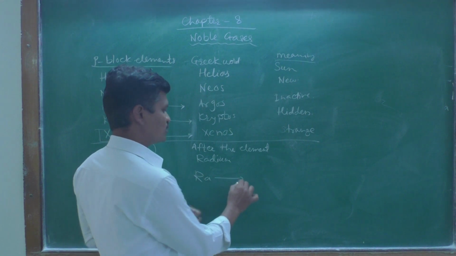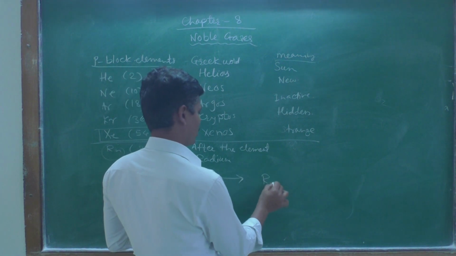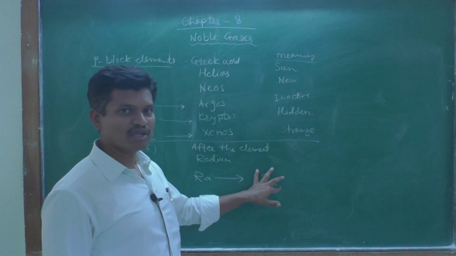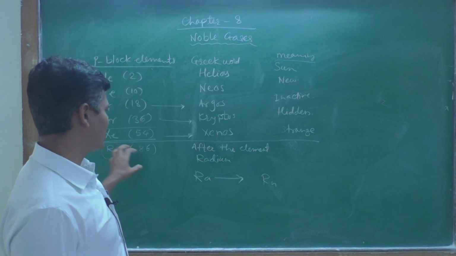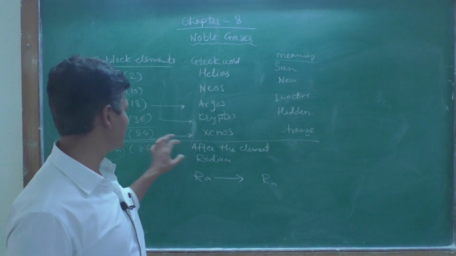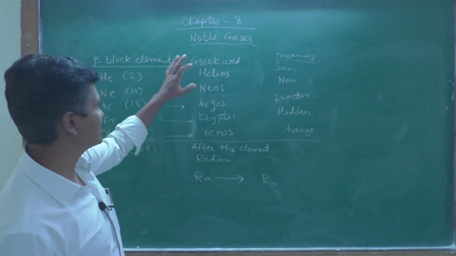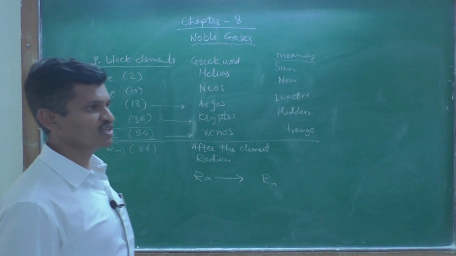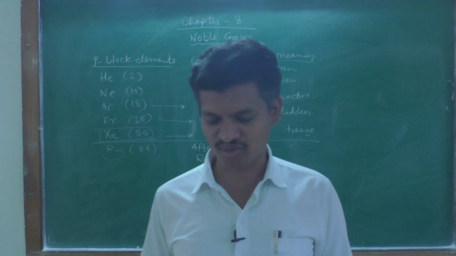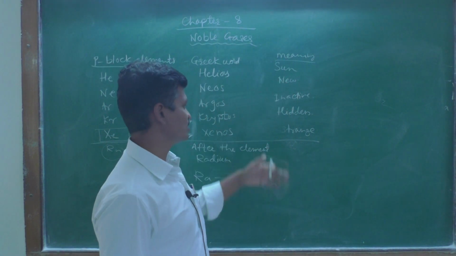When radium undergoes radioactive disintegration, it produces radon. Radium is also radioactive, and hence radon is named after radium. Okay, so these are the Greek words from which the names of these noble gases have been derived, and their meanings are also given.